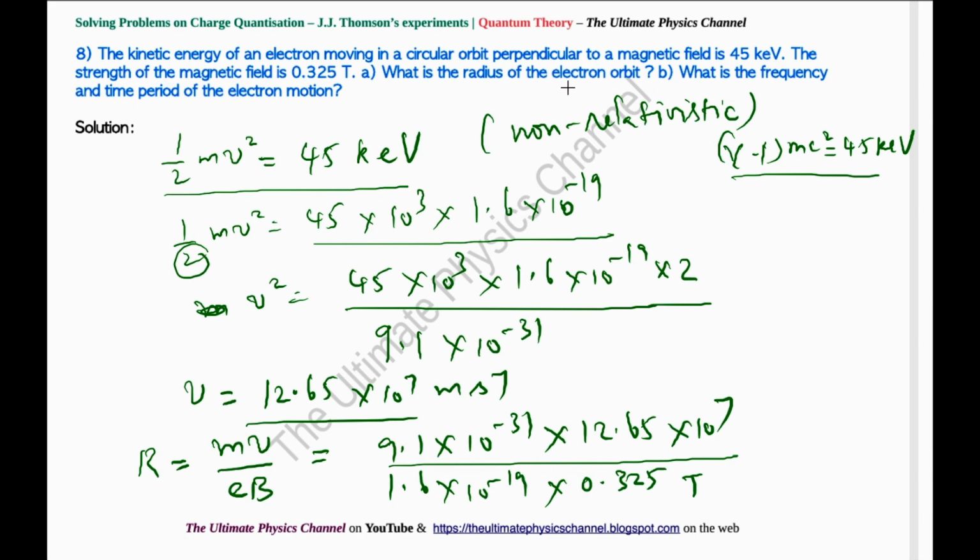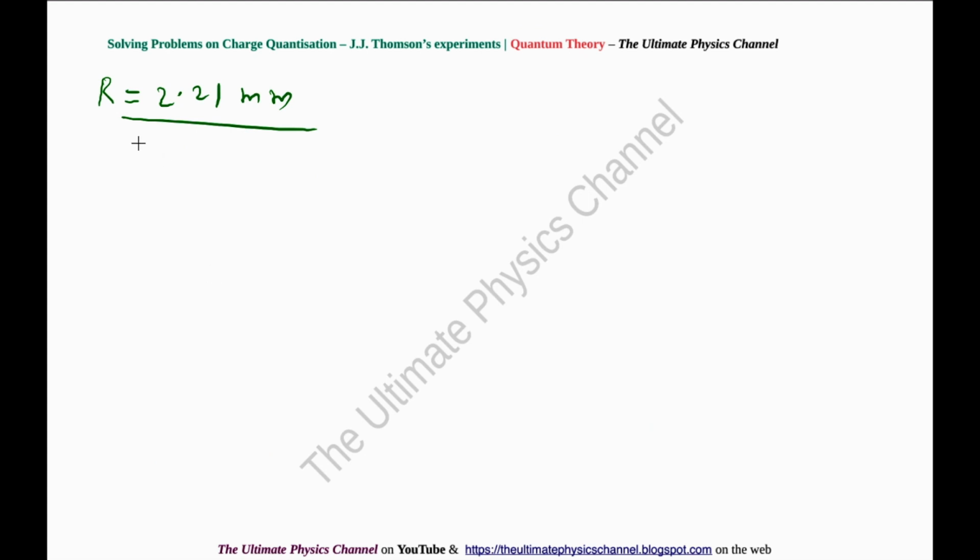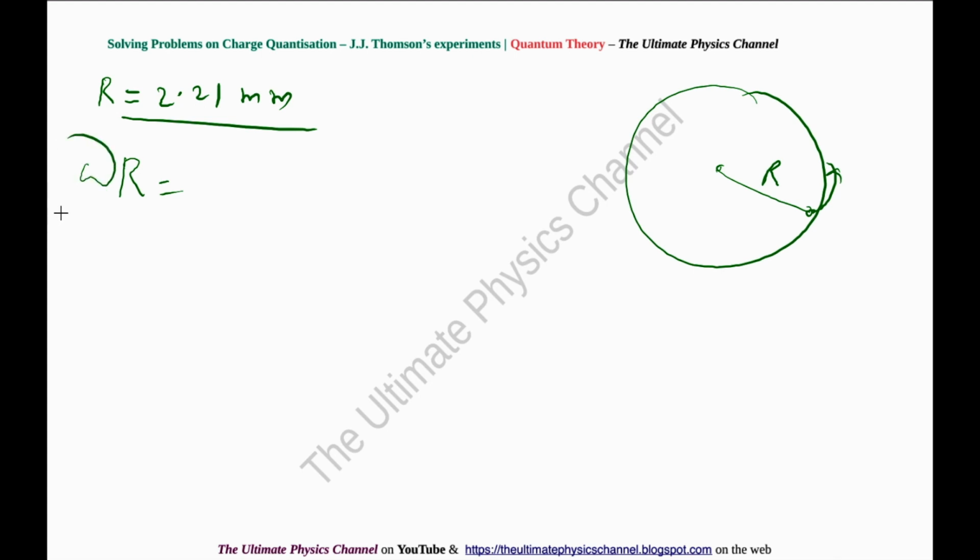The radius of the electron orbit we have calculated, the frequency and time period of motion, right? We know that this radius in a circular orbit for the charged particle can be equated to the angular velocity. In fact, the angular velocity times the radius of curvature is the linear velocity v, right?